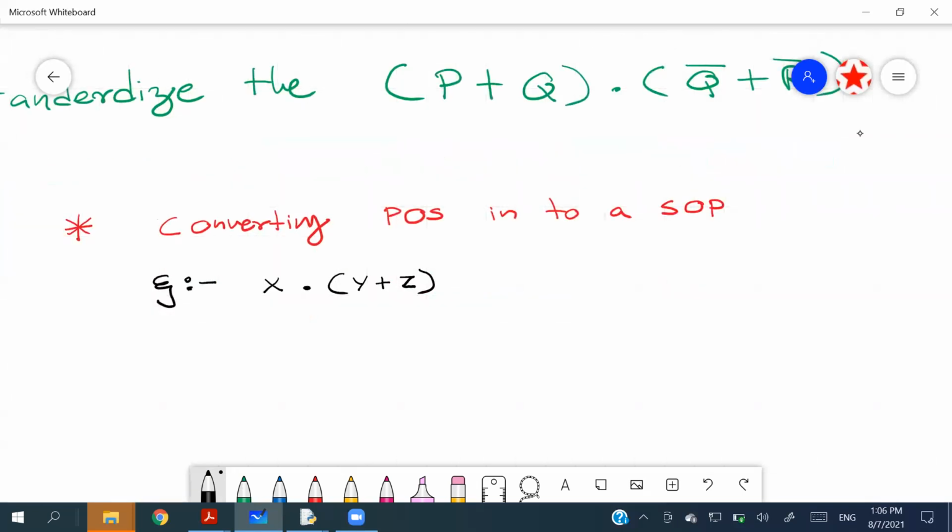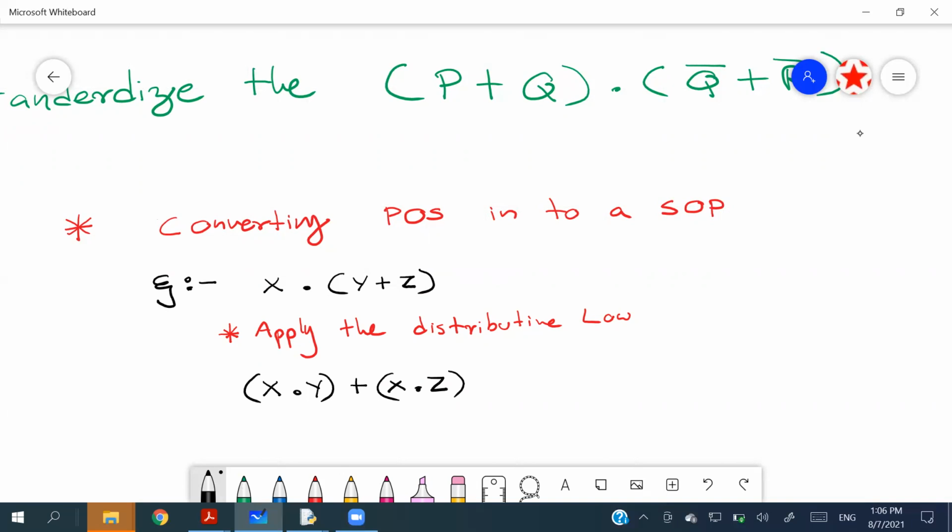It's a very simple thing that I need to do, right? Apply the distributive law, a simple thing to do. So what will happen? We get x dot y plus x dot z, right? So now you can see these are products, and it is bound with a plus.